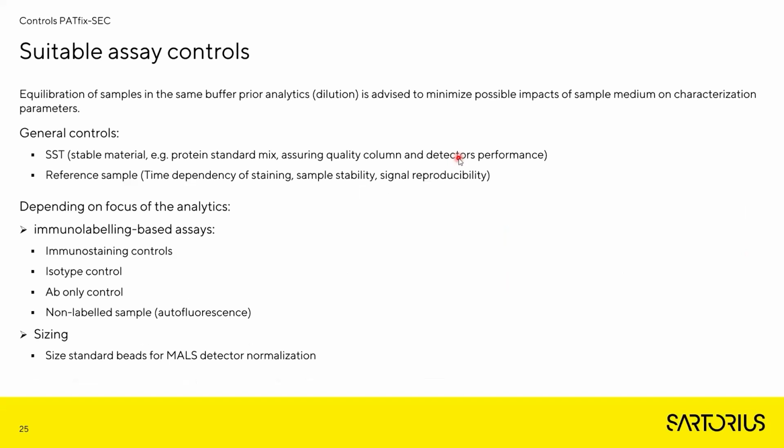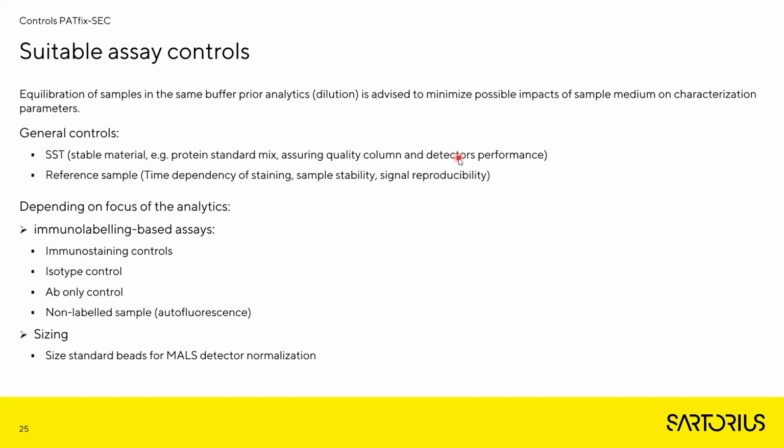To really perform reliable analytics and have all the suitable controls, we suggest that in any assay we include system suitability test controls. This would normally be a stable material, such as a protein standard mix. We suggest using the reference sample to test the time dependencies, sample stability, and signal reproducibility.